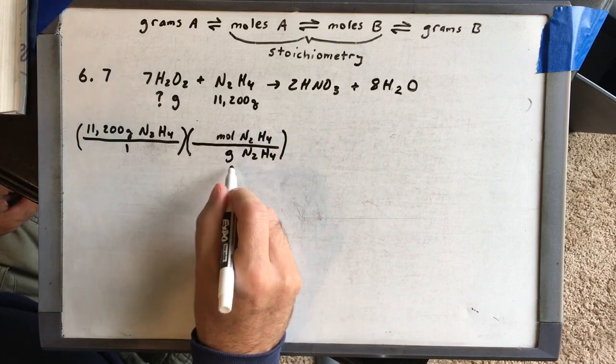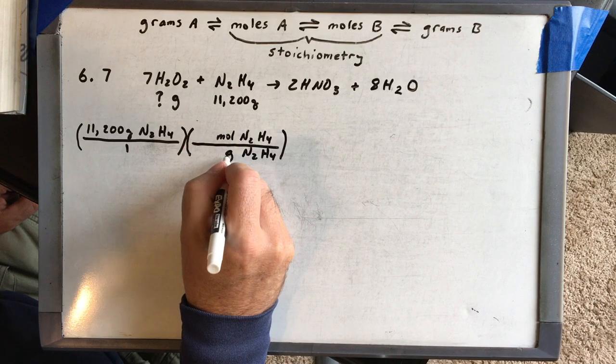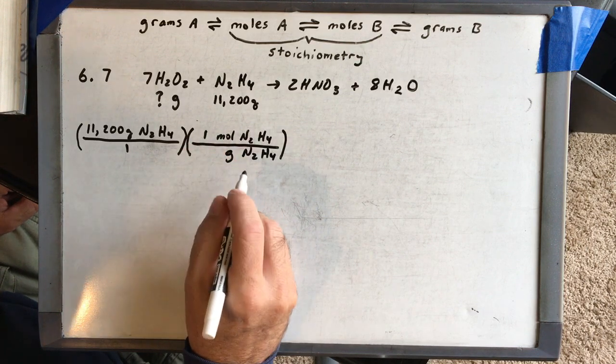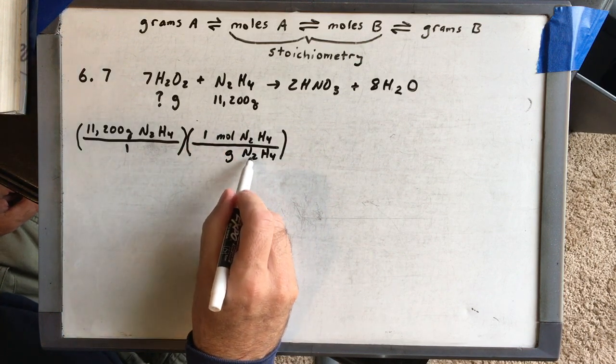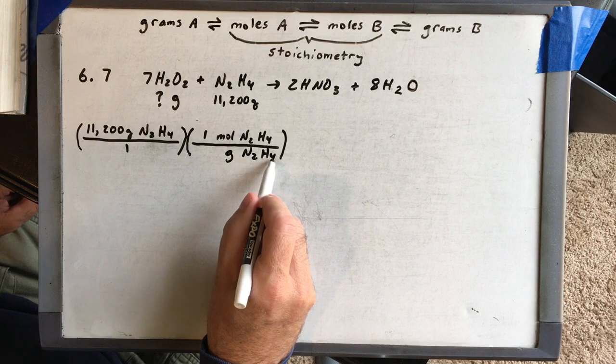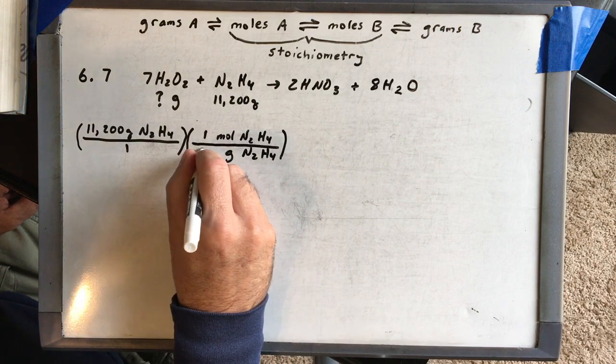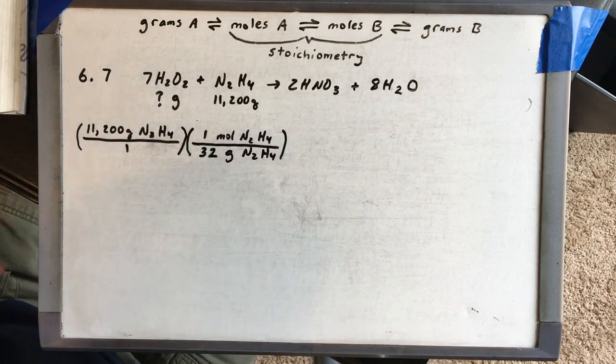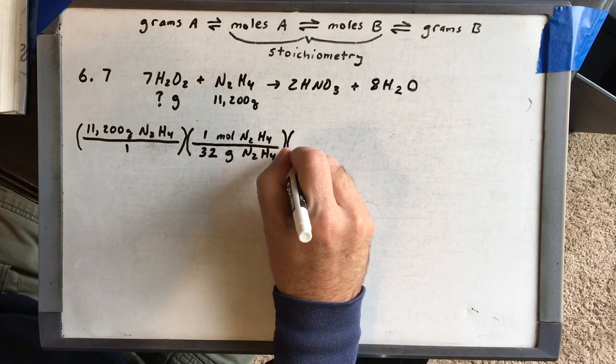When you have moles and a different unit, the 1 always goes by the mole. Adding up N2H4 from the periodic table, there's 2 nitrogens. Those weigh 14 each, so that'd be 28, plus 4 times 1 of hydrogen, so that's 32. Feel free to use your calculator.